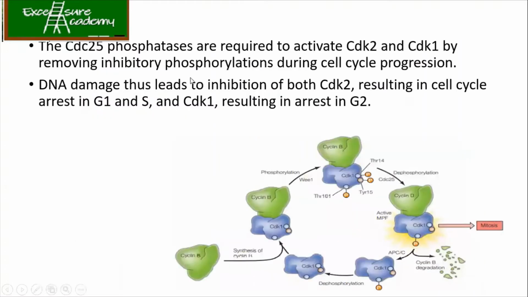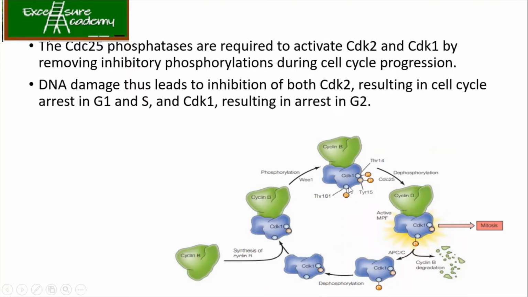As we saw, CDC25 is required to activate CDK2 and CDK1 by removing the inhibitory phosphorylations during the cell cycle. This is the same figure, guys. If you remember, cyclin B-CDK1 is there, so it is your maturation promoting factor, MPF.